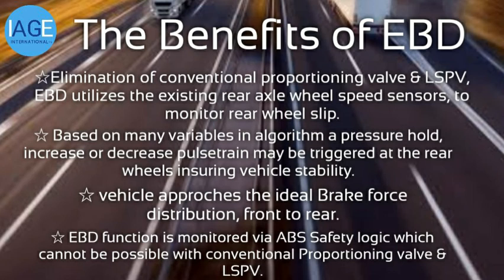The second advantage is that, based on many variables in the algorithm, a pressure hold, increase or decrease pulse train may be triggered at the rear wheels, ensuring vehicle stability. Third, the vehicle approaches the ideal brake force distribution front to rear. Fourth, EBD function is monitored via ABS safety logic, which is not possible with the conventional proportioning valve and LSPV.